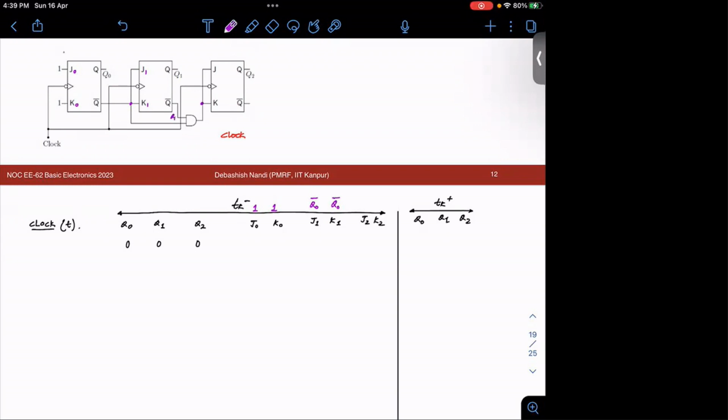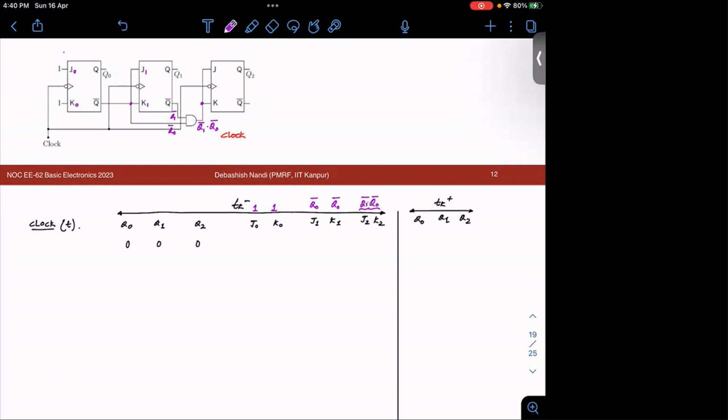This is your Q1 bar and Q1 bar, and another one is Q0 bar. So this is Q1 bar into Q0 bar for both J and K.